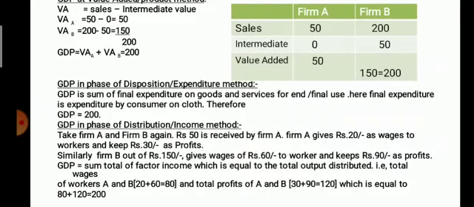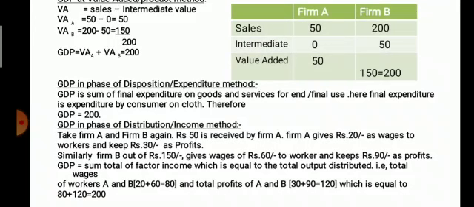Now take firm A and firm B again in the chart. Rupees 50 is received by firm A. Firm A produces the cotton and sells it to firm B at 50. So firm A has received 50.